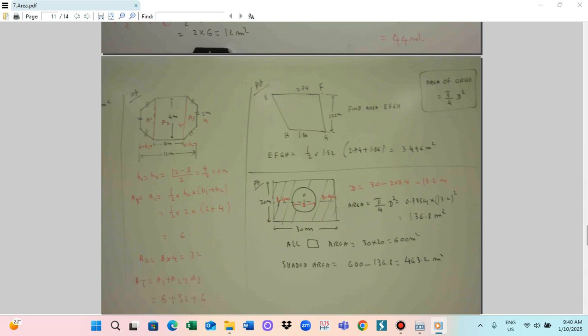So 600 minus 136.8, you get 463.2 meter square.